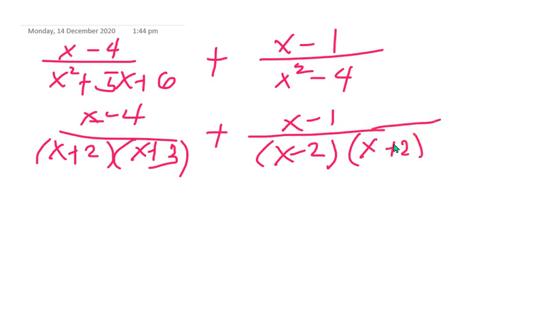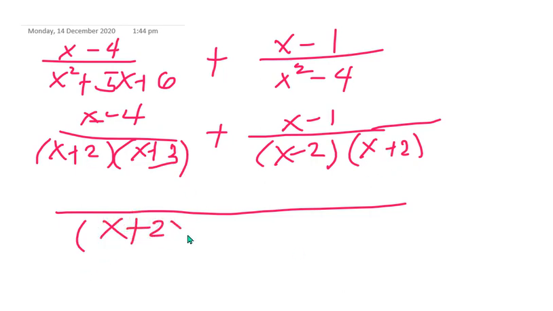Okay? And then, the LCD now will be x plus 2, one pair of x plus 2, another pair, we have x plus 3, and we have x minus 2.